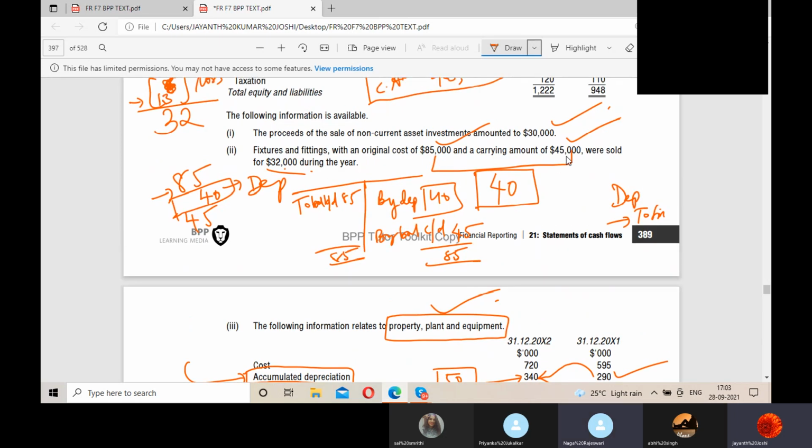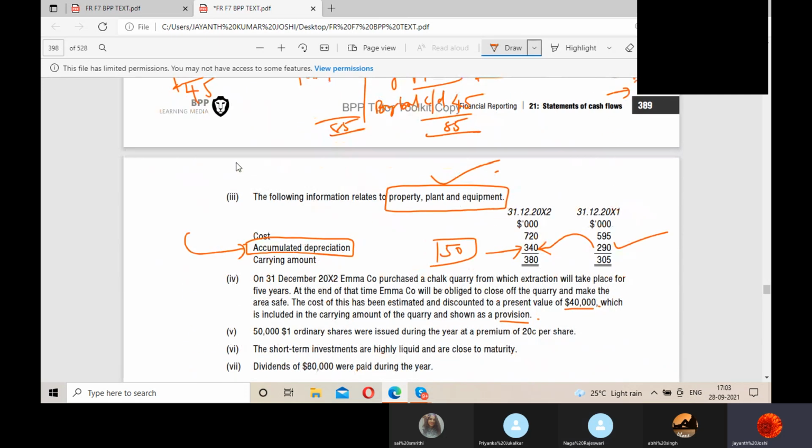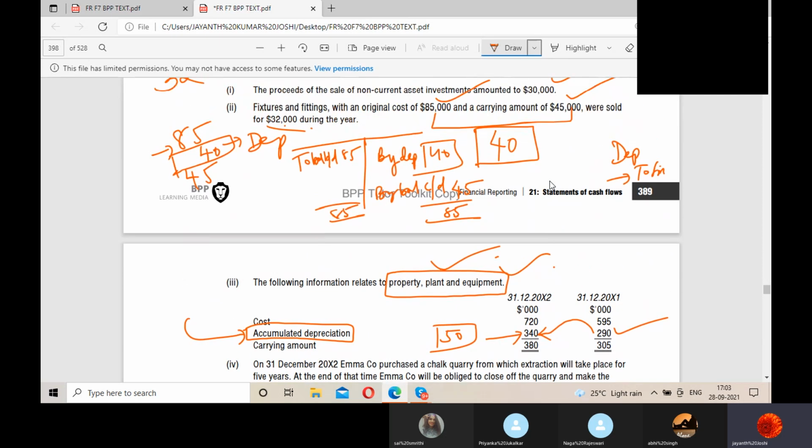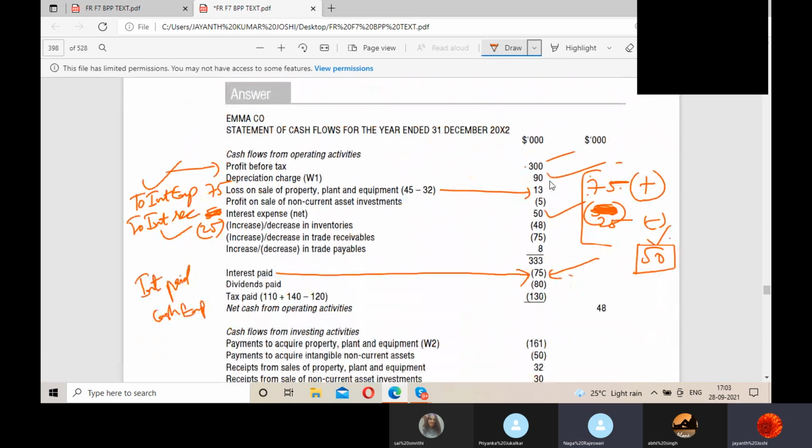And now they have become 45,000. So the depreciation is 40. Here you have accumulated depreciation 290 and here 340, so 50 was transferred this year, related to property, plant and equipment. This 50 and 40 will give you 90. So here depreciation is 90.